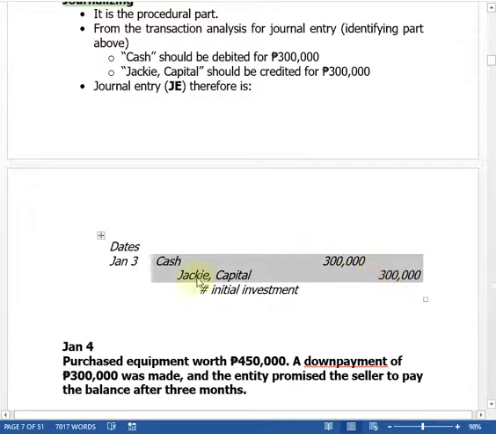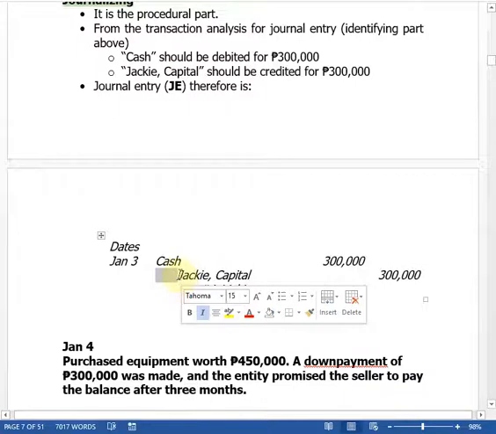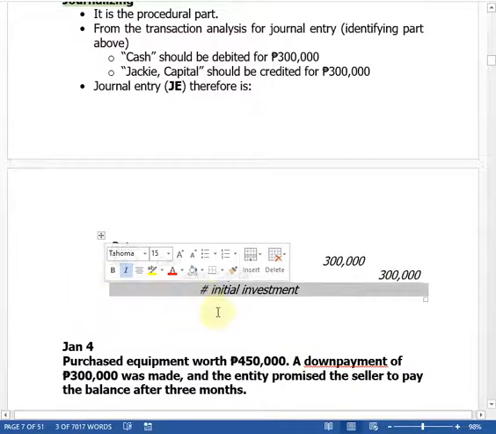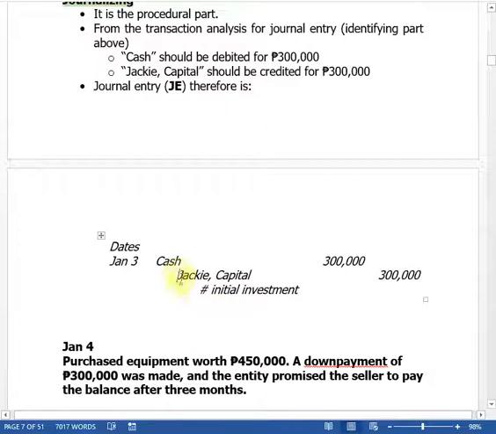As to the rules, we have to make an indentation for the credits both in the account title and in the amount. And of course, the last part of the journal entry is this one, indented also after the credits. So indented is the description of the transaction, and you can type any description that is suited to the nature of the transaction.